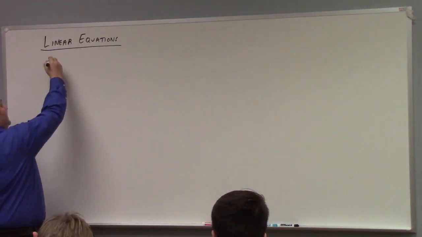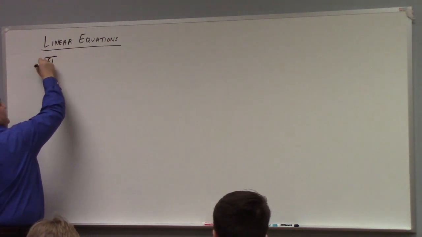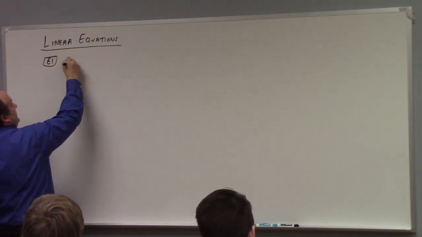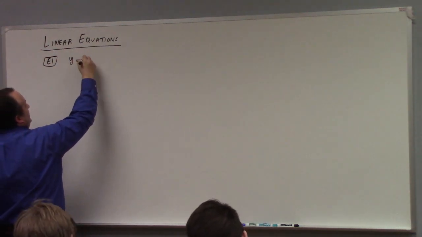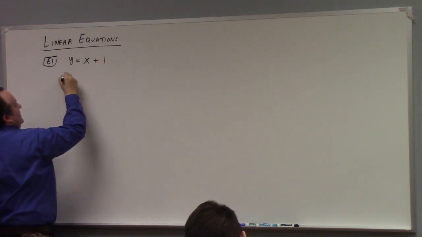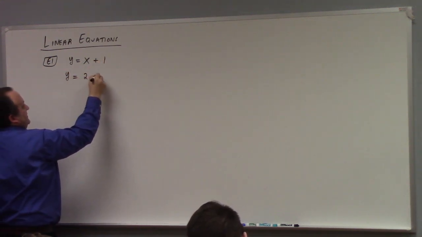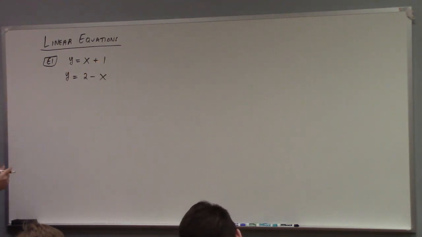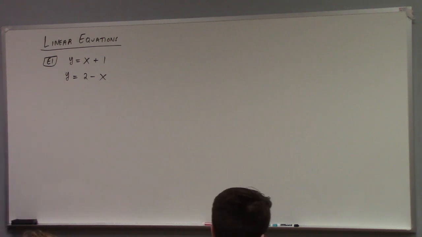So let me look at a couple of examples that are, I think, illustrative of how it works. So we could have y is equal to, let's say, x plus 1, and y is equal to 2 minus x. This is two equations and two unknowns, right?